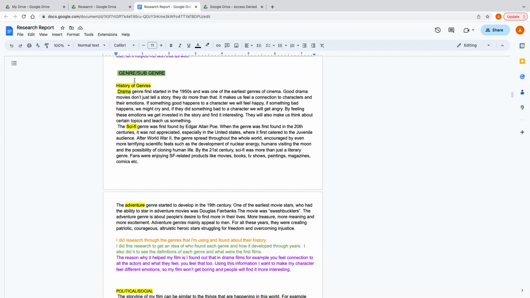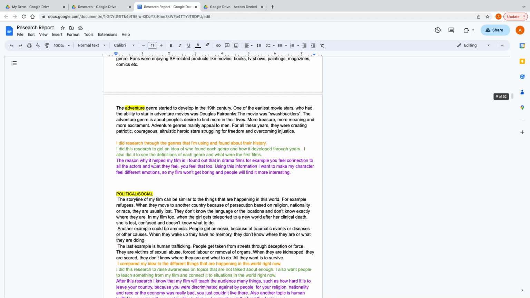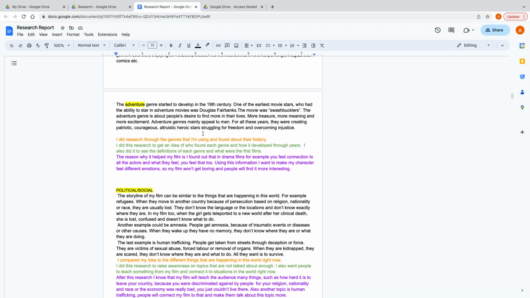Also, I researched the genres and their history. Those were my three main genres, and I found when each genre started and the first movie of each genre, and I also analyzed it.